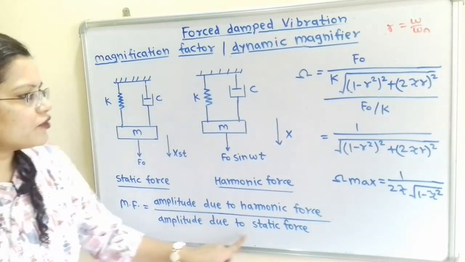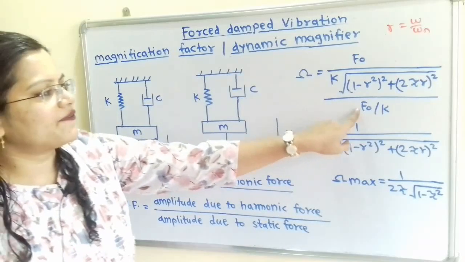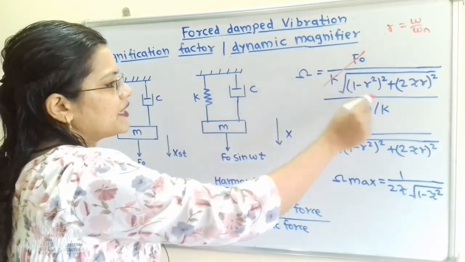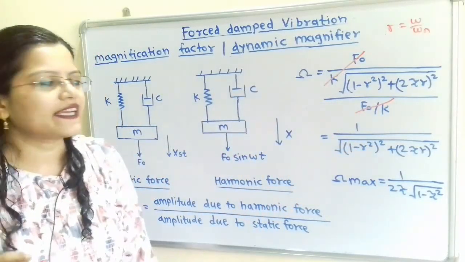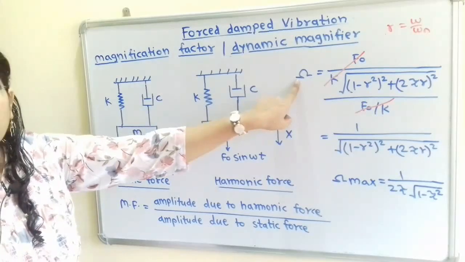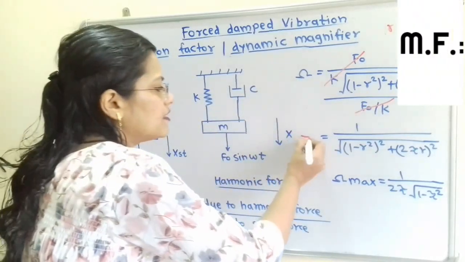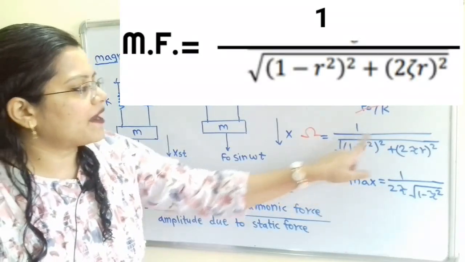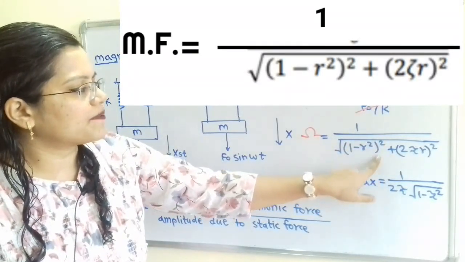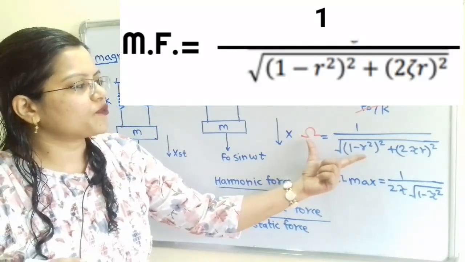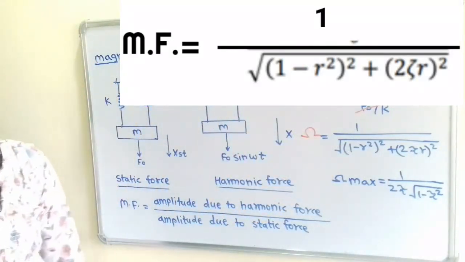And amplitude due to static force is F0 by K. Now from the denominator and numerator, this F0 by K is getting cancelled, so the magnification factor is equal to 1 divided by under root of 1 minus r square bracket square plus 2 zeta r bracket square. So this is the formula to calculate magnification factor.